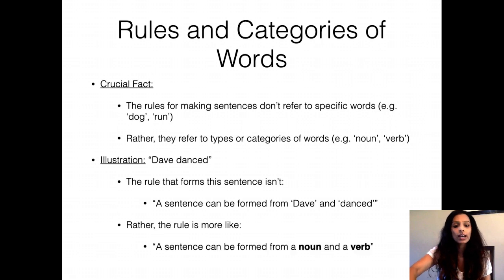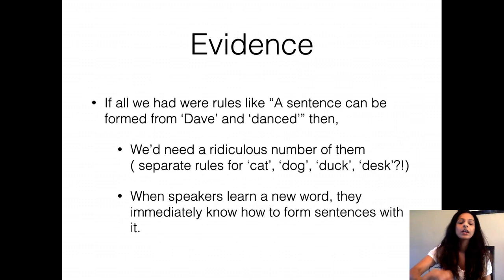The rule is more like: take a noun, any noun of English, take any verb of English, combine the noun and the verb together, and what you get is a sentence. So as you can see, syntax has to do with parts of speech and more generalized categories of words such as nouns and verbs and adjectives and so on and so forth.